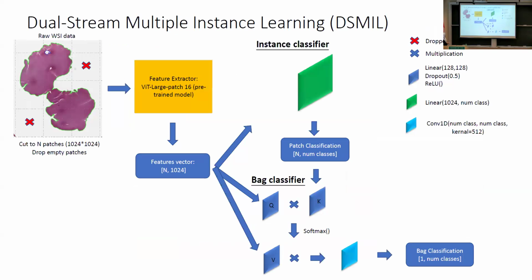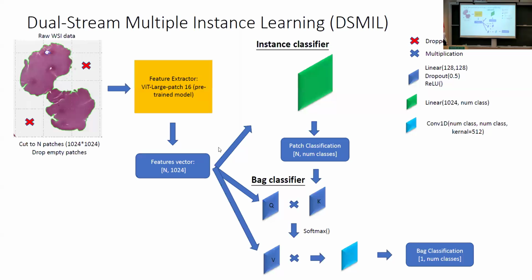Then there is another approach, which considers that we have multiple regions where each region can have a label, but also the entire image has a label. Each smaller region is called an instance classifier, and the entire bag is called the bag classifier.